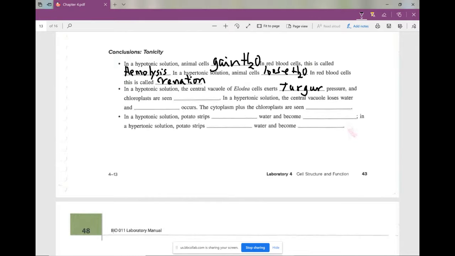Turgor. And chloroplasts are seen pushed up at the perimeter, right? Perimeter, okay? All right. In a hypertonic solution, the central vacuole loses water, and they said plasmolysis occurs. The cytoplasm plus the chloroplasts are seen in the center.